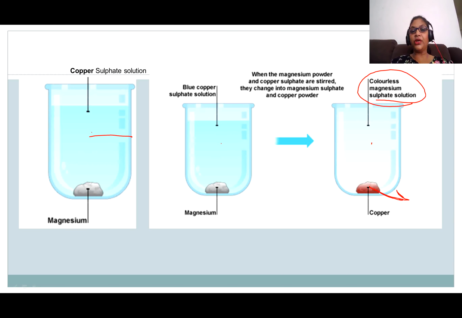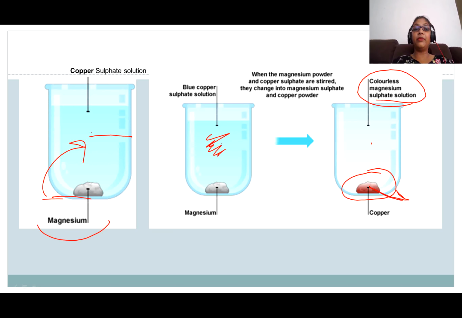Again, you can explain this using the reactivity series. As magnesium is more reactive, it displaces the copper ion from the copper sulfate solution, and the copper metal is formed, which settles at the bottom of the beaker or test tube, wherever you are doing the reaction. So this is how you can investigate these displacement reactions experimentally.